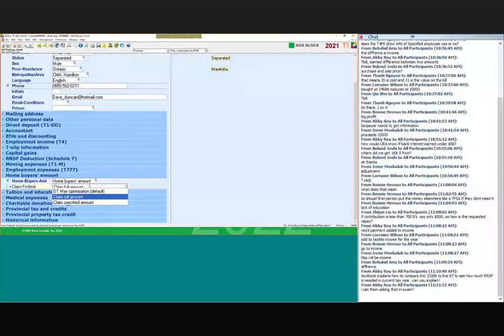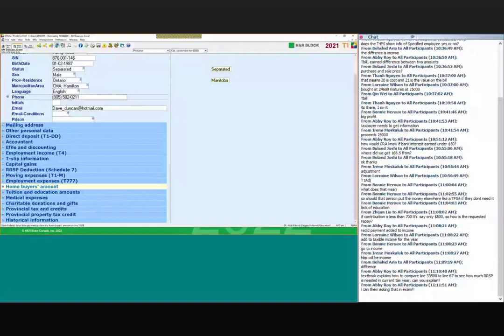If Dave happens to live with an unrelated person, a friend he bought the house with, then they can decide how they're going to split it. So in the DT Max, you can either claim the full amount or a specified amount. That's pretty straightforward. It can be split between spouses, common law partners, and unrelated parties. We're going to stick with Dave, so he's going to claim the full amount here.